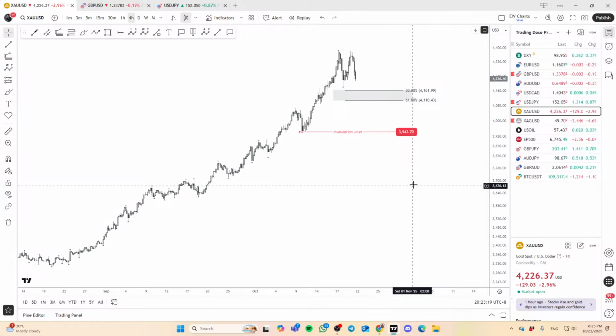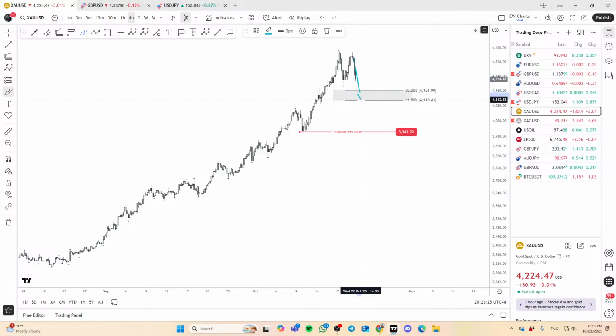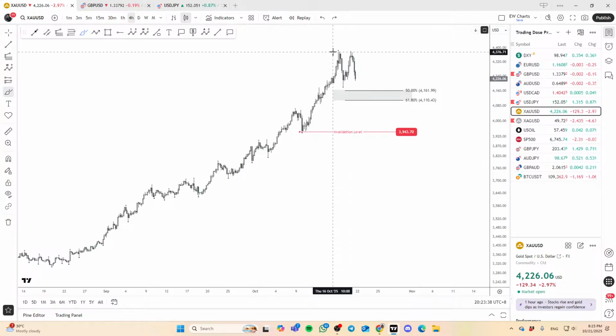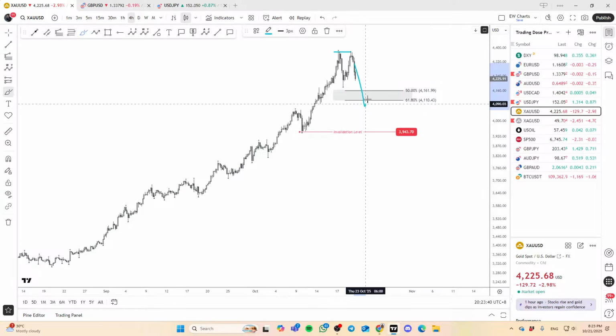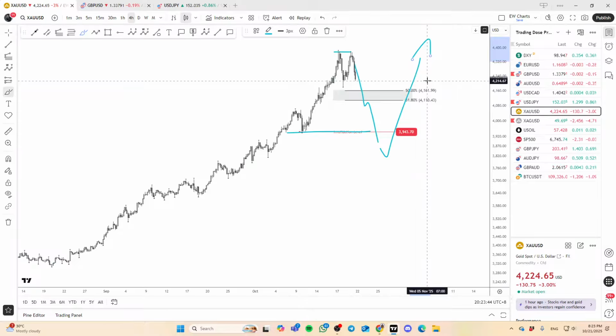So gold right now, to be honest, if you take a look at this here, the minimum expectation is here, right? Which I think very likely price would start to do this. Around this zone is going to provide an opportunity to see if we can look for more upside. But to be honest, I'm not surprised if this potentially just serves as a double top and this actually comes down lower and takes this, and then only starts going higher.